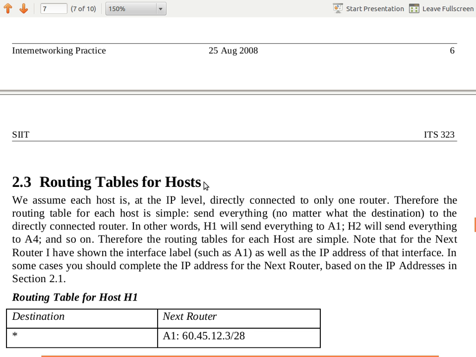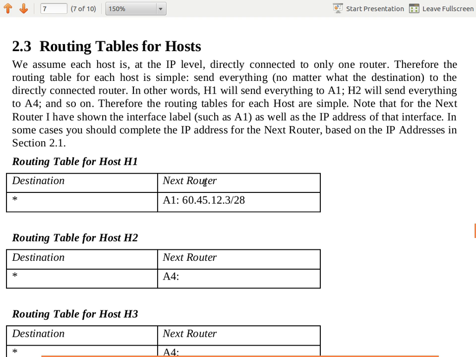First, consider the hosts. Hosts have routing tables. Remember the basics of a routing table. To reach this destination, the next router in the path is this. I've given you the value for host 1, the routing table.